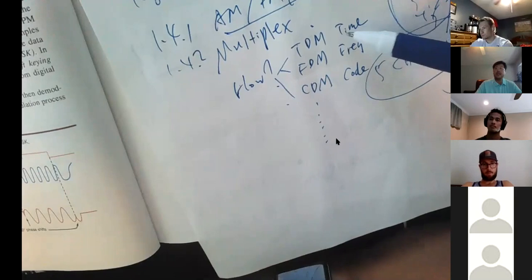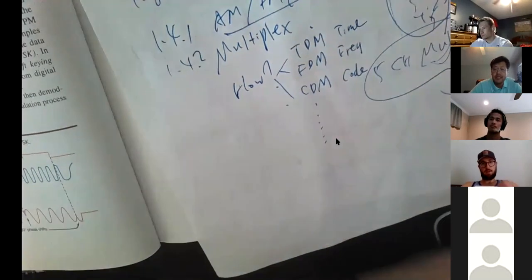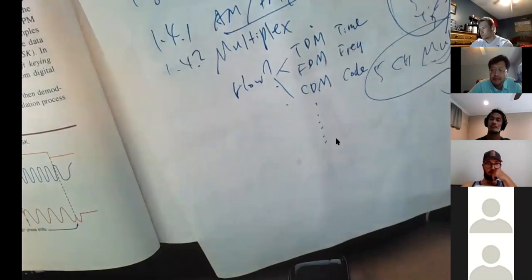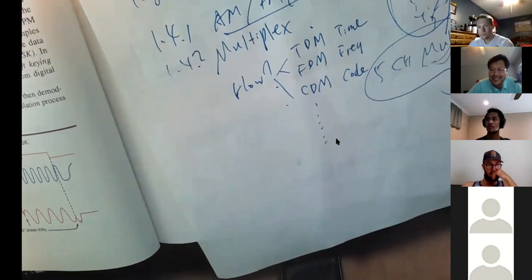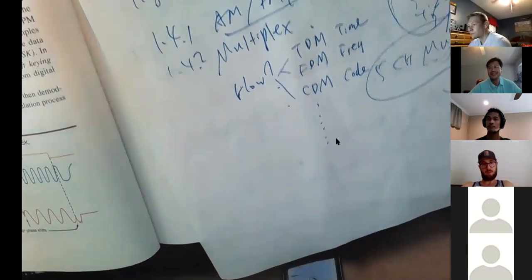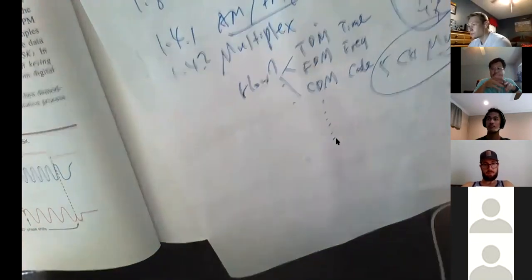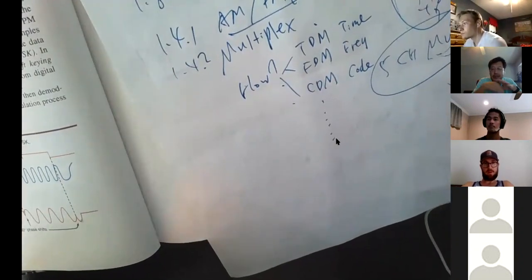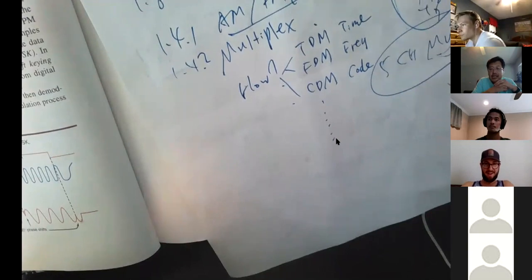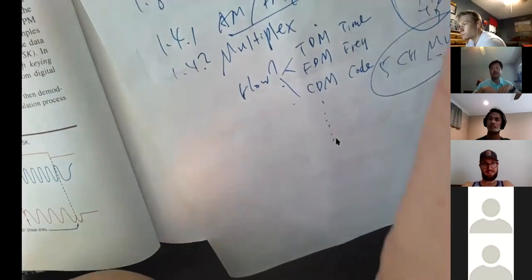What is time division multiplex? Everybody takes turns to talk. So right now we have 6 people in this Zoom meeting. I will talk for 1 minute, followed by Tim, followed by Chura, followed by Annie, Jeremy, and Austin. So everybody talks 1 minute. That's time division multiplexing.